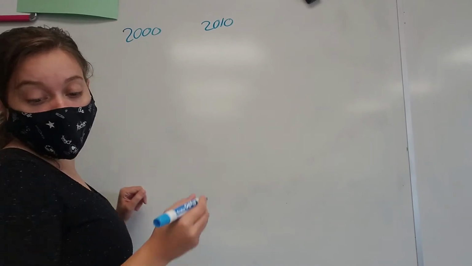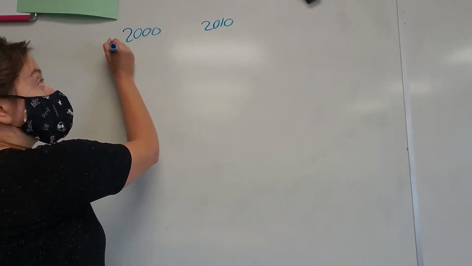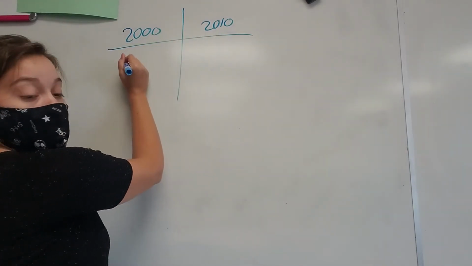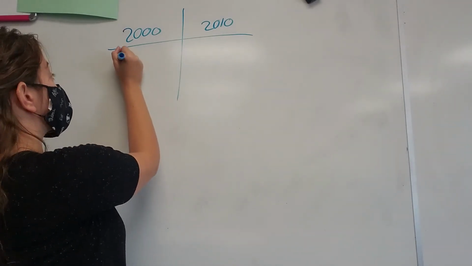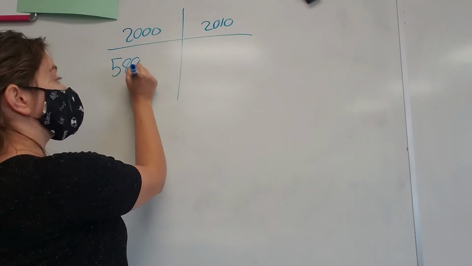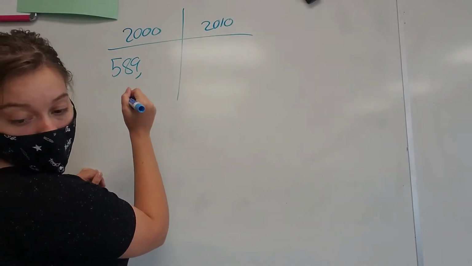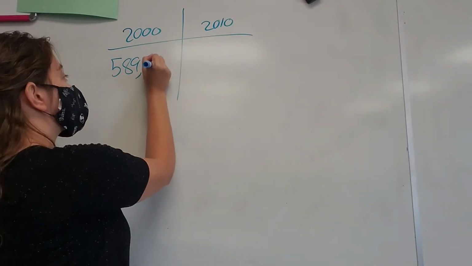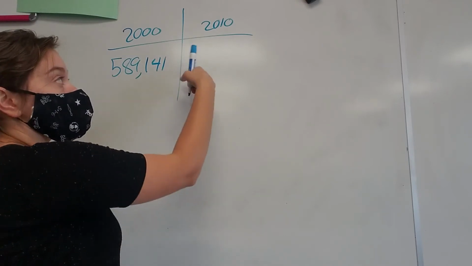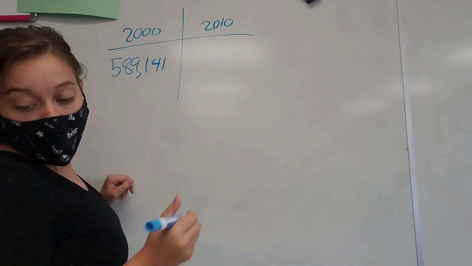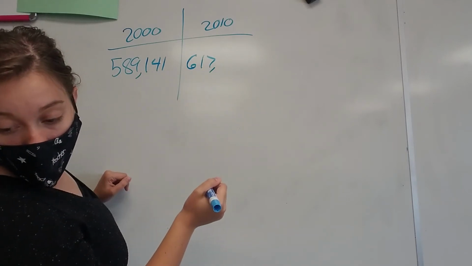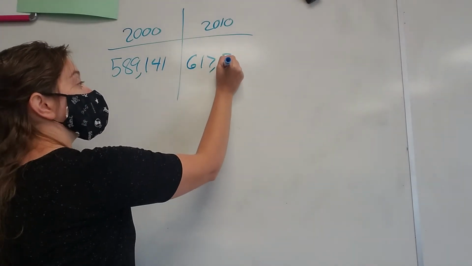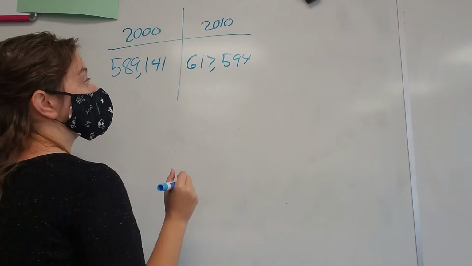So in 2000, our population was 589,141, correct? Yes. Okay, 2010, we did 617,594, correct?